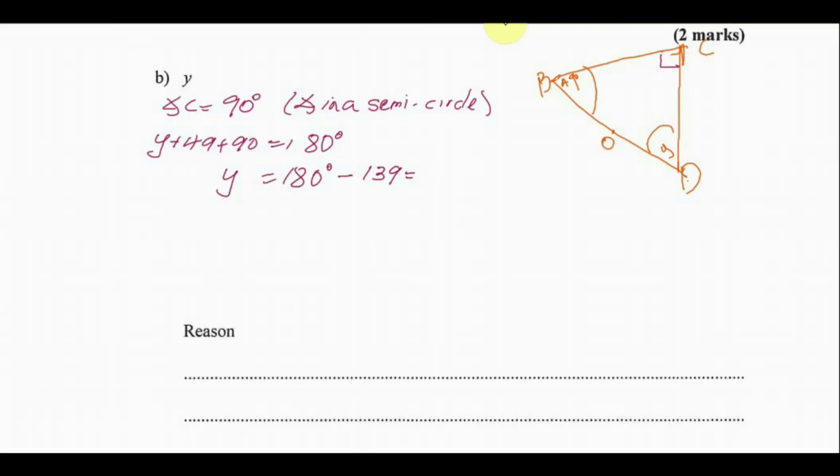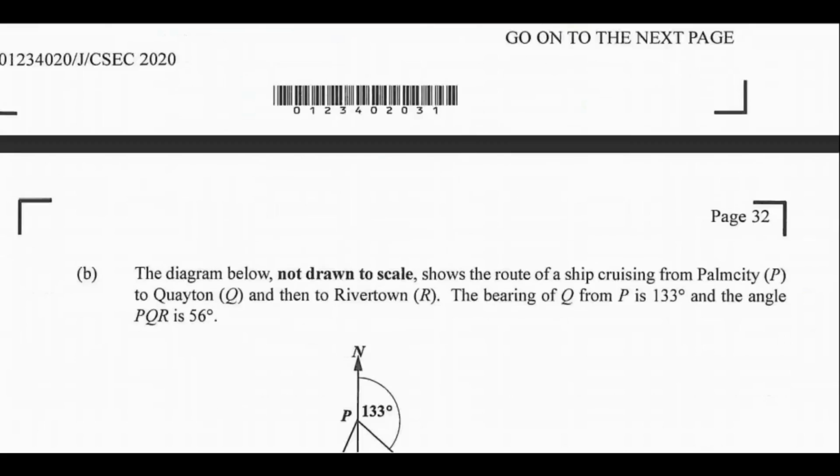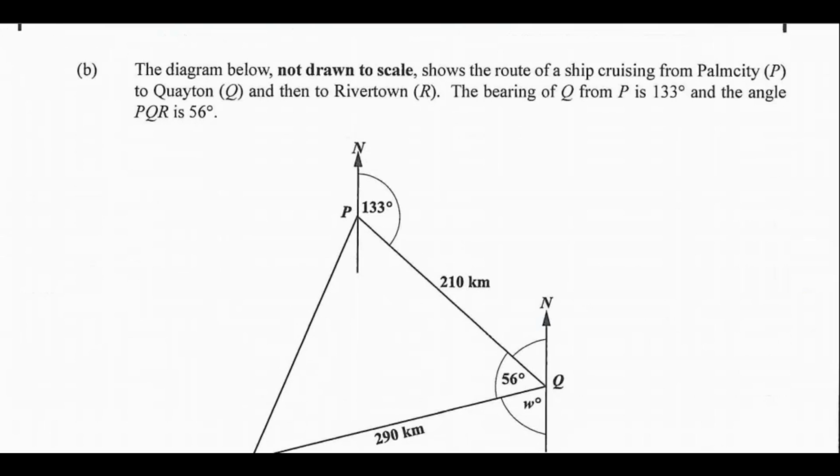So therefore y would be equal to 41 degrees. And here the reason is angles in a triangle. You have to remember to make sure that you identify the reasons.